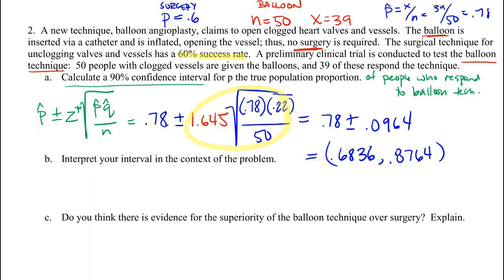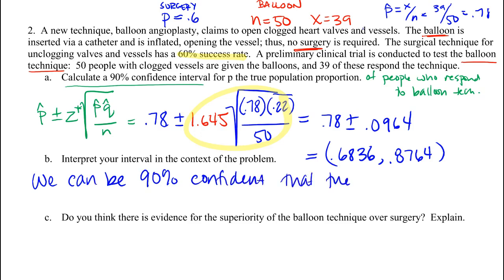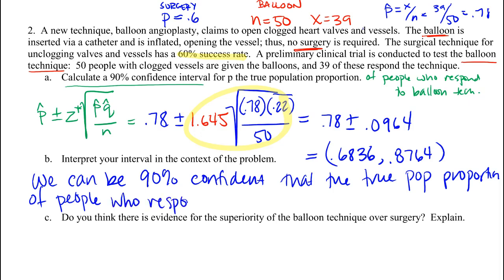So the interpretation: we can be 90% confident that the true population proportion of patients, people, whatever it might be, who respond, and honestly, we could be even more specific here.